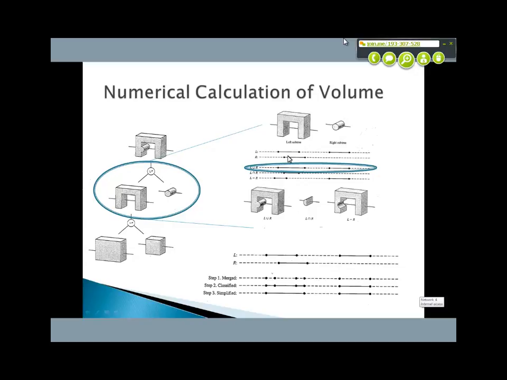If you look at that line right there, that little portion of the line is where the line intersected the solid object, and then a little further over to the right is where it intersected that same object again.